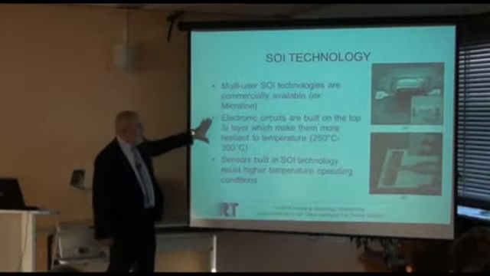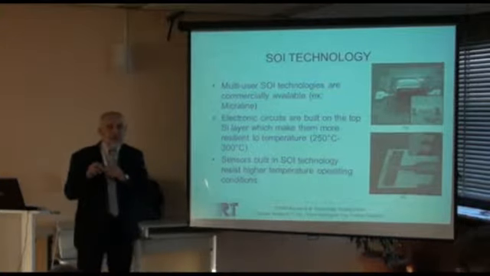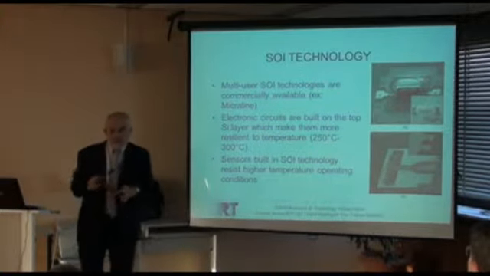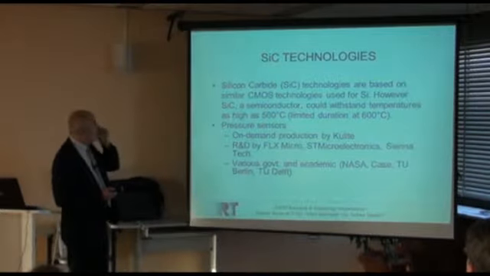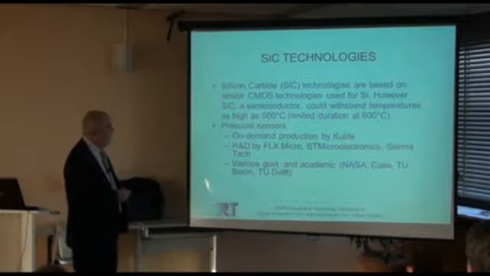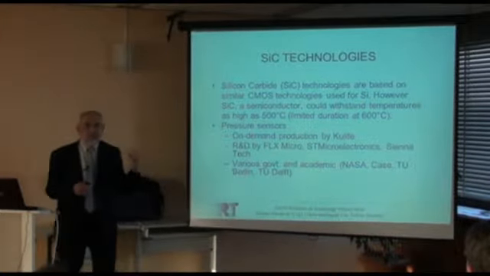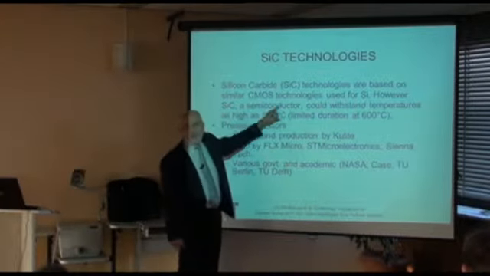So electronic circuits built on the top, again, they could operate up to 300 degrees. 250 safe, up to 300. Silicon carbide technologies are based on the same CMOS. CMOS is complementary metal oxide semiconductor.